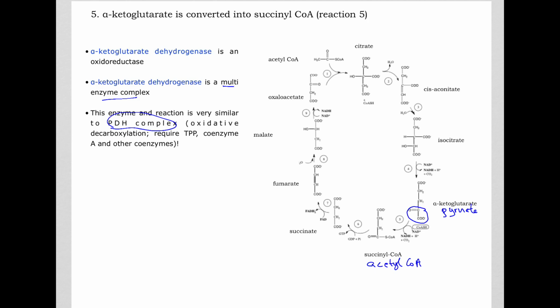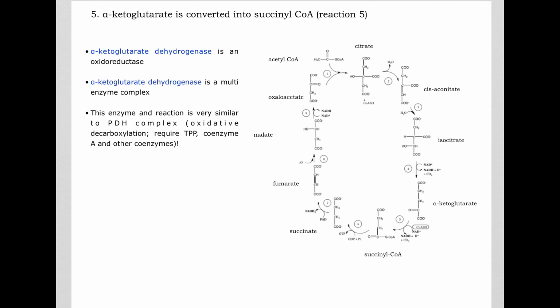So now we have alpha-ketoglutarate, an alpha keto acid, going through oxidative decarboxylation, forming succinyl-CoA. So just like the PDH complex, this enzyme requires coenzyme A, TPP, niacin, and so on, similar to the PDH complex.